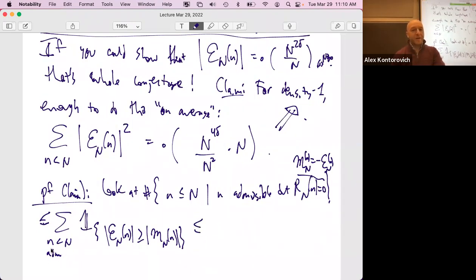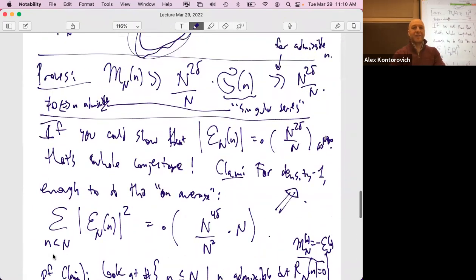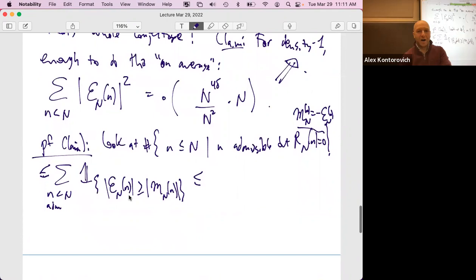We know that among the admissible numbers, the major arcs, the main term, is always of size at least n to the 2 delta over n. So on the set of admissibles, n of order n, admissible, I have this, that the error term must be at least as large as the main term, and the main term is n to the 2 delta over n.